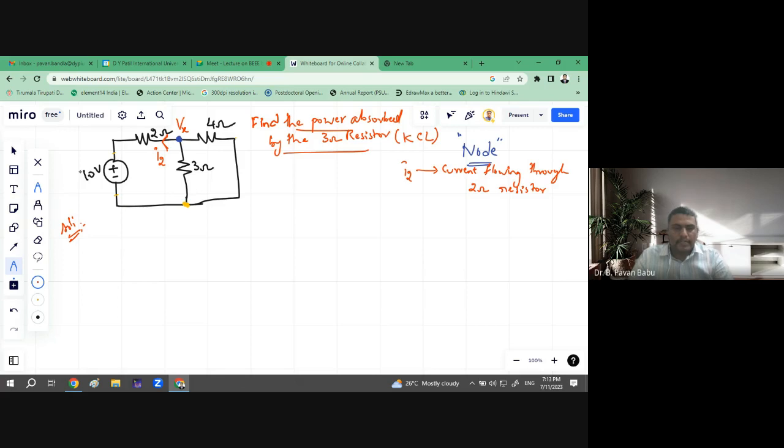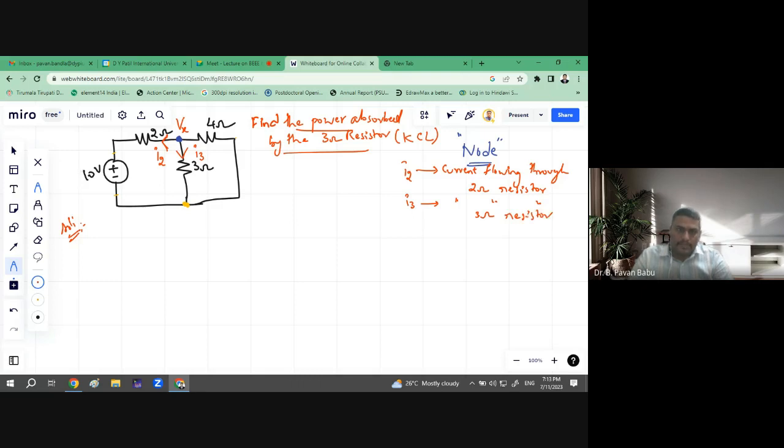Okay, any direction you may consider, whether it may be outward direction or inward direction. This is another direction, and I call it I3. What is I3 here? The current flowing through the 3 ohm resistor.